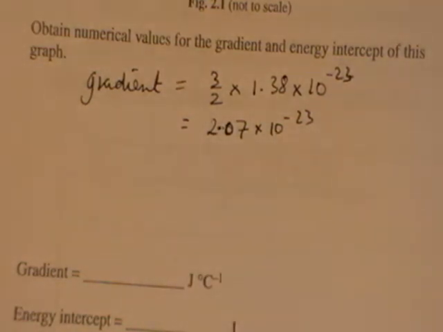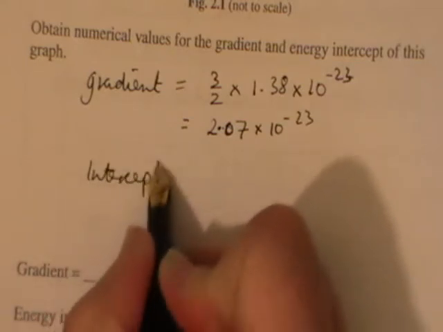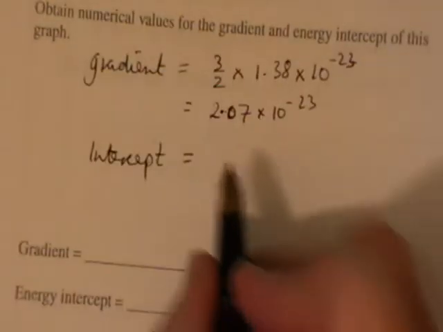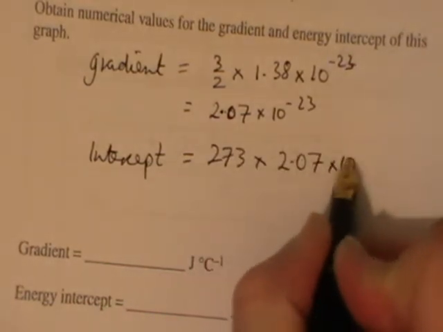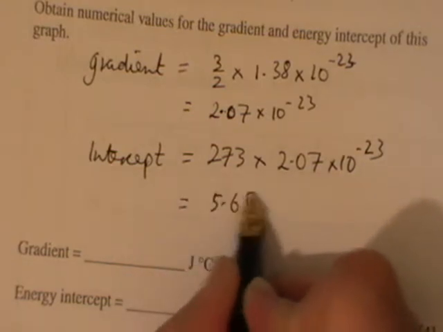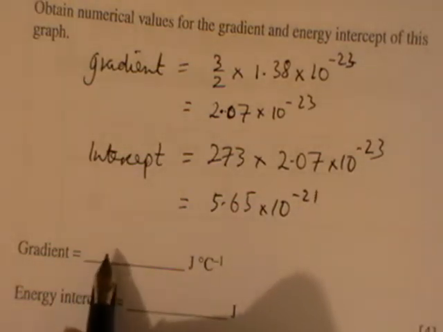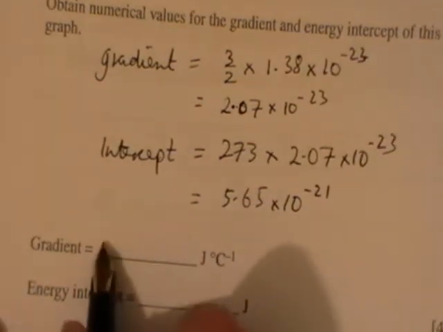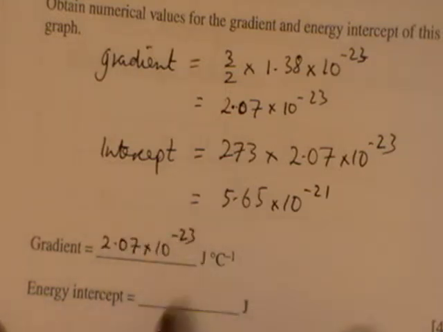And then the intercept is going to be equal to 273 times that 2.07 times 10 to the minus 23, which is equal to 5.65 times 10 to the minus 21 when you work that out. So we have a gradient equal to 2.07 times 10 to the minus 23, and an energy intercept of 5.65 times 10 to the minus 21 joules.